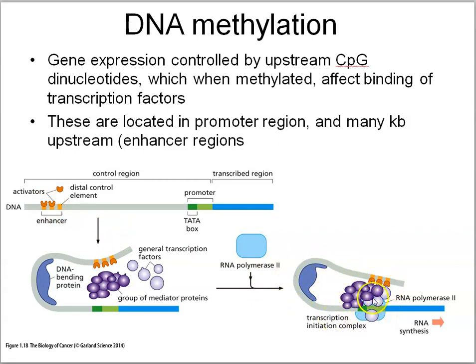So yes, transcription factors bind in the promoter region, but thousands of base pairs away you can have these enhancer regions which encourage this large complex of general transcription factors and other enhancer proteins and specific transcription factors. And these enhancer regions can be very significantly affected by DNA methylation.